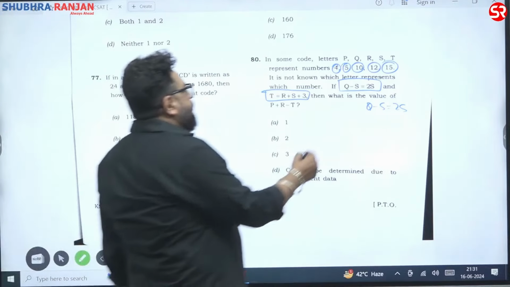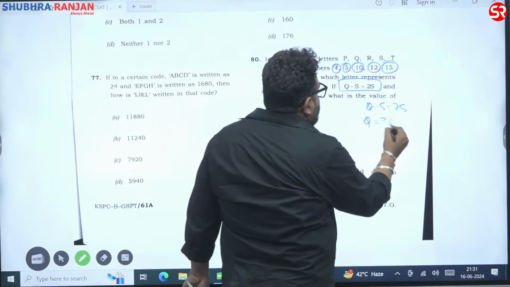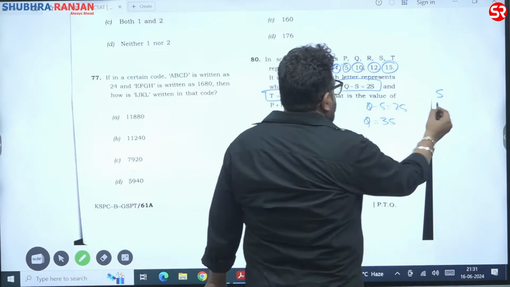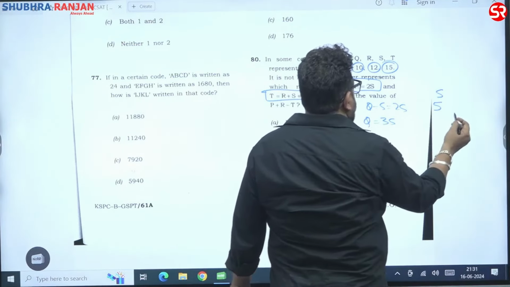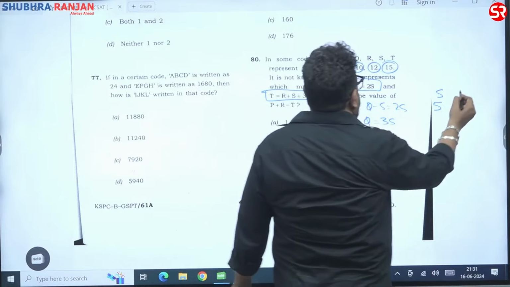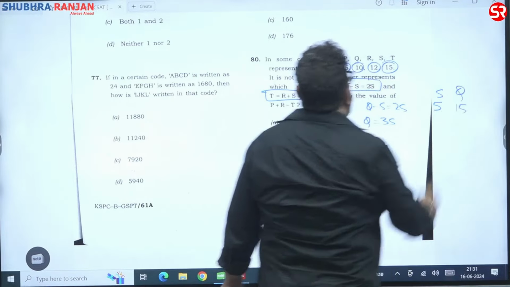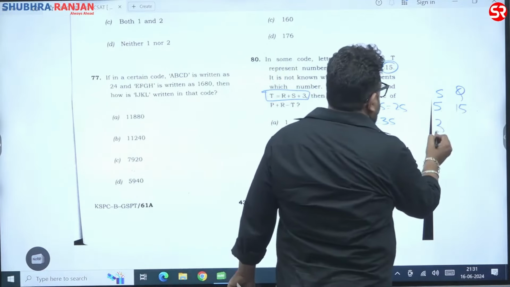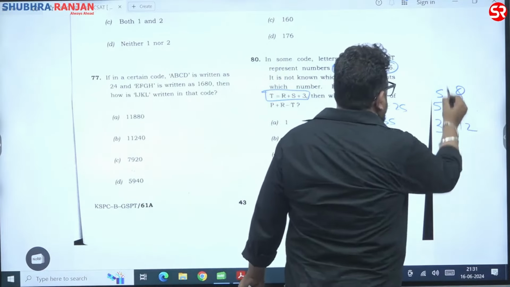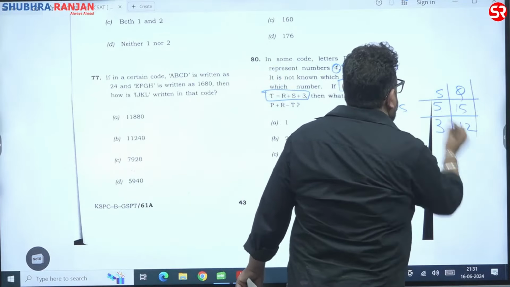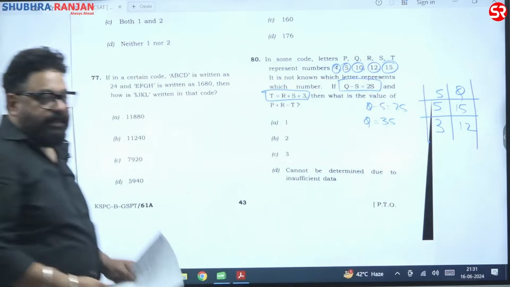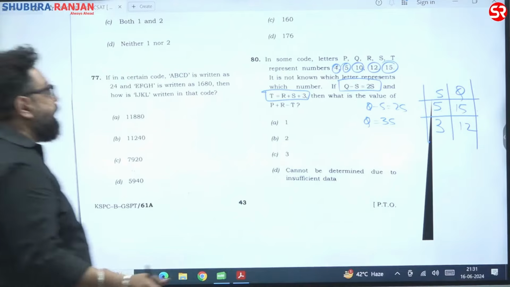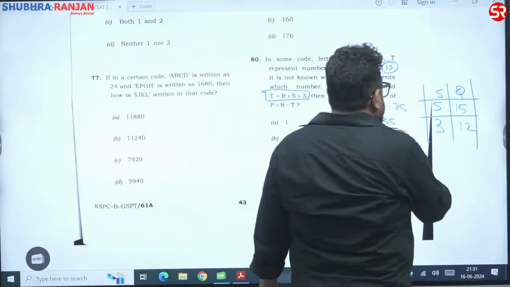Absolutely it will work, guys. Look, Q is equal to 3S. So S can be 5. If S is 5, in that case Q is 15, or S can be 3, in that case it is 12. So these are two possible things. These two values are possible for S. It is not 3, guys, it is 4.